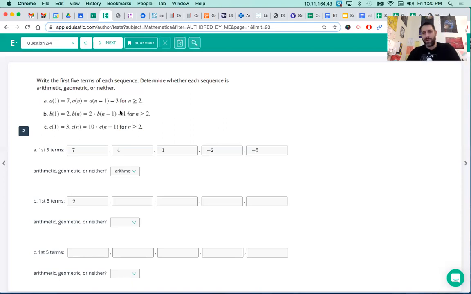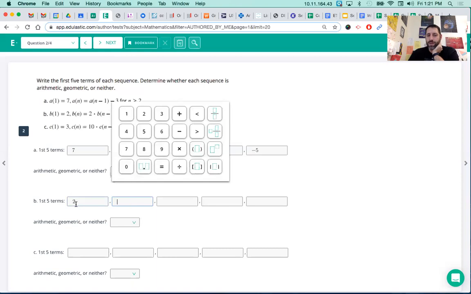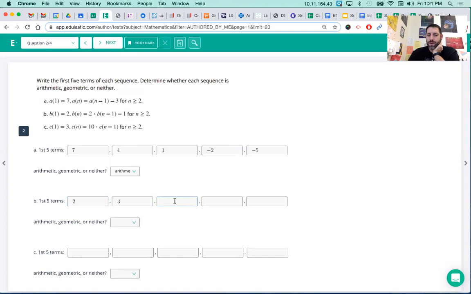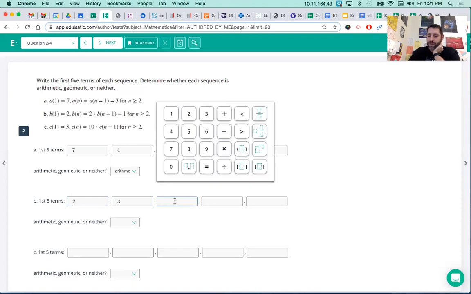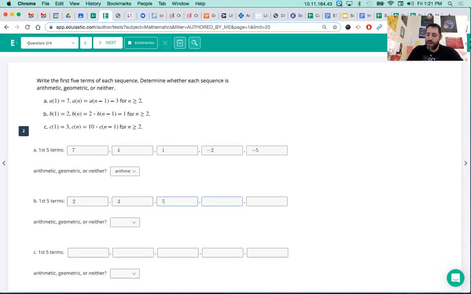You could miss that minus 1 on the end there. So we take our previous term, multiply times 2, and then subtract 1. 2 times 2 is 4, minus 1 is 3. 3 times 2 is 6, minus 1 is 5. 5 times 2 is 10, minus 1 is 9. 9 times 2 is 18, minus 1 is 17.